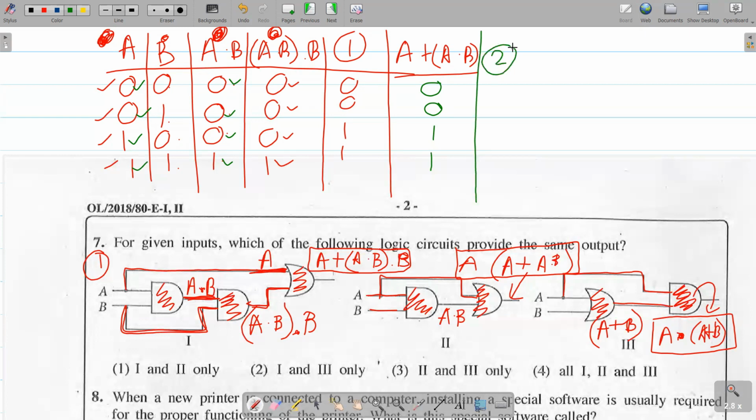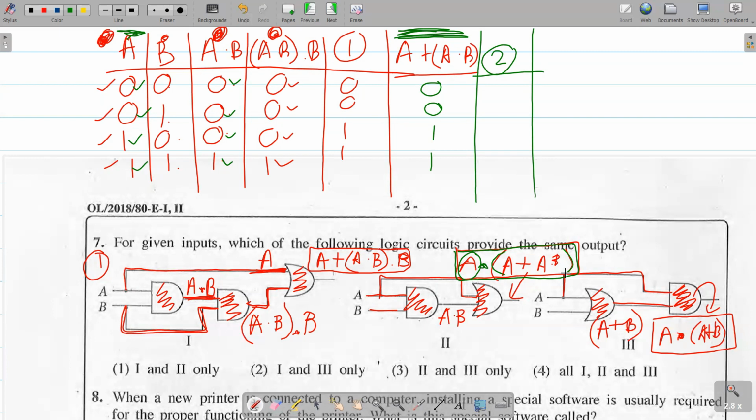So the second output, which is this, can be taken if this particular column is multiplied with the A again. I'm sorry, not added, multiplied. Here it is multiplying. So A multiplied with this, okay.